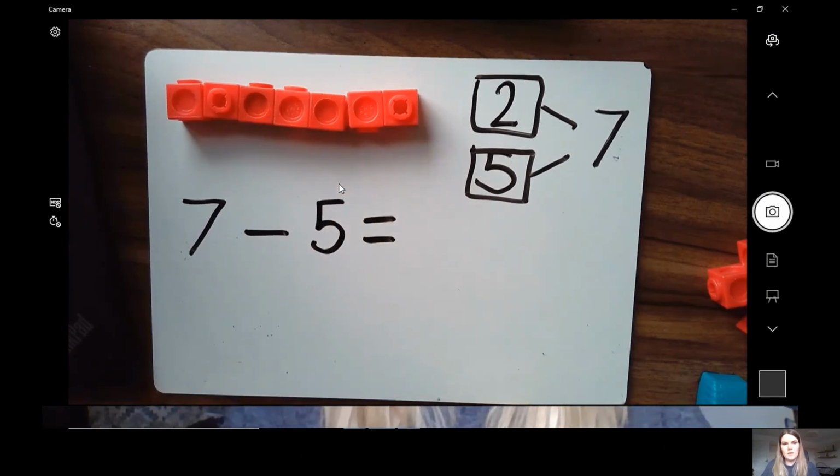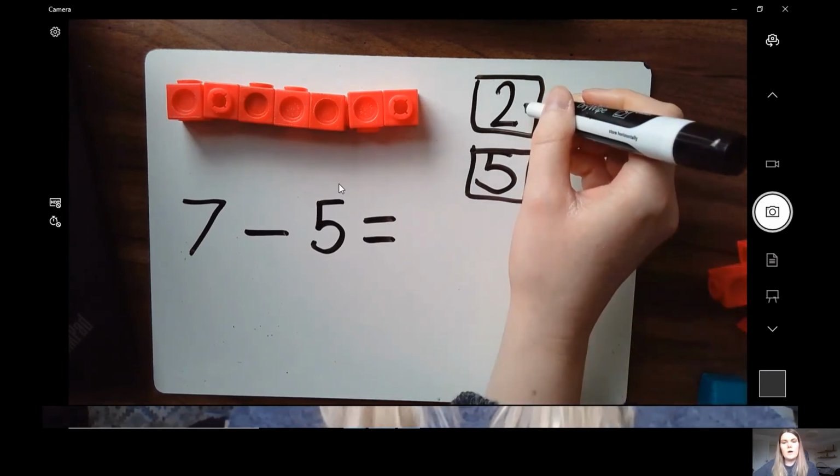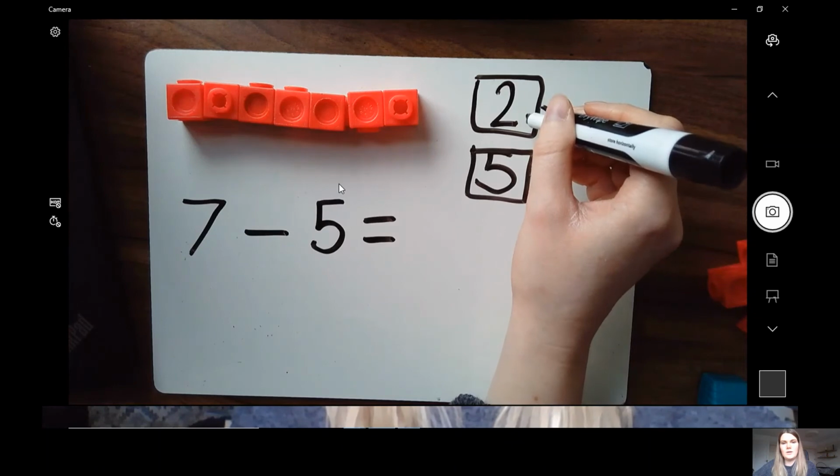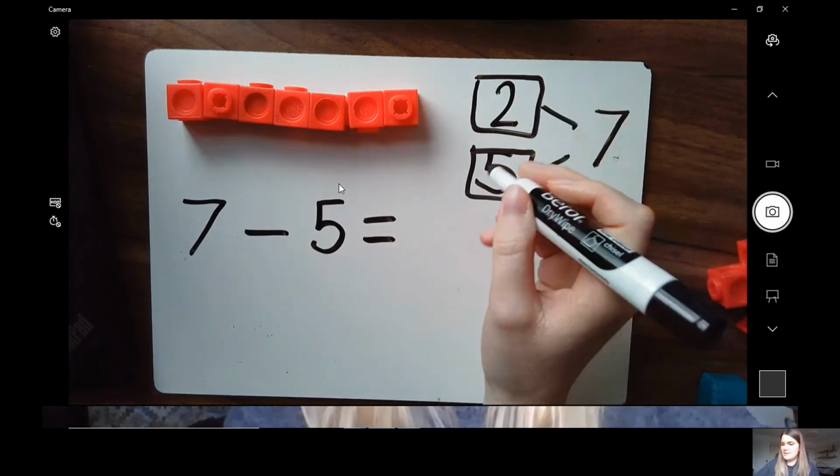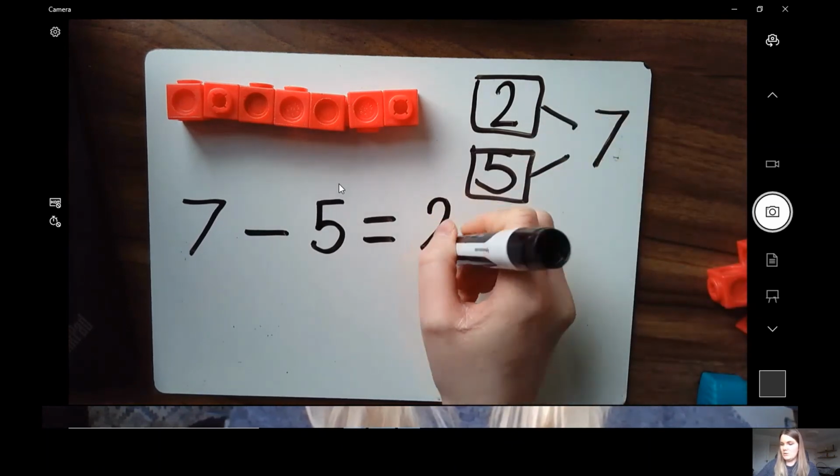So we're ready to solve our sum. What do I need to do? I need to take away some cubes. What do I need to do before I take away the cubes? Make a guess. So what is our guess? 2. Why are we guessing 2? Because it's the other part that's missing. Well done. So we're going to guess that it's 2.